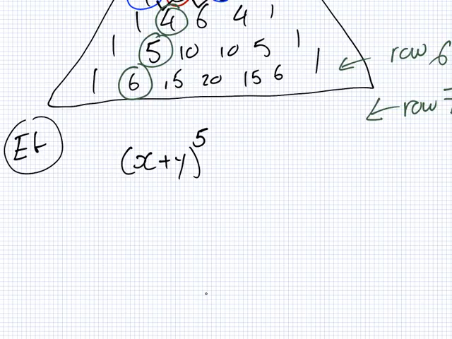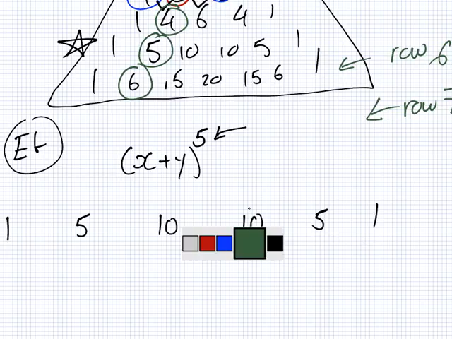So what you do first is you look at row 5, because it's power 5, that's this one here, and you write these numbers down. That's the first thing to do. So we'll write 1, 5, 10, 10, 5, and 1.